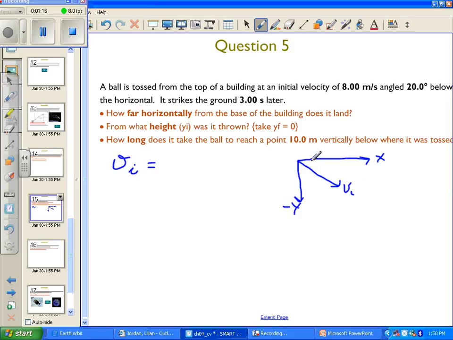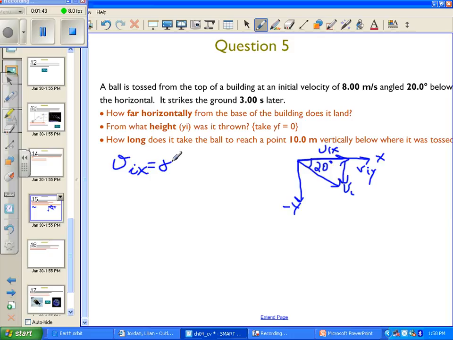You can see the angle 20 degrees is with respect to the x-axis. So v initial x is positive, it points to the right, but v initial y is negative since it points downward.